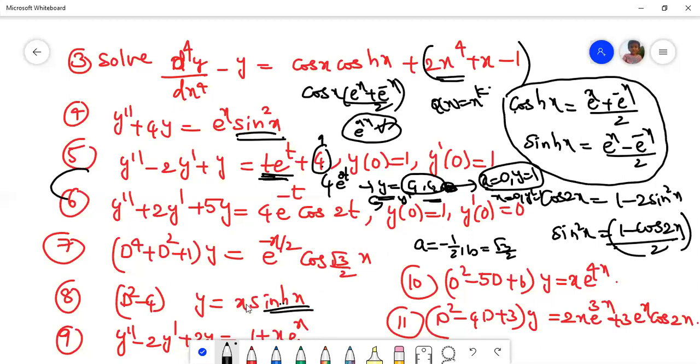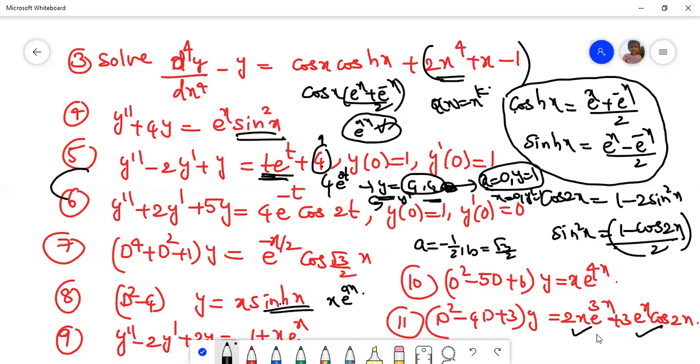Then the two functions you get on the right side are in the form of x e^ax. The ninth one is also, one is a constant, another one is x e^ax form. The 10th is also x e^ax form. Just like in the 11th problem, I did x e^ax form and also e^ax cos bx form. So these are all related to these two rule expressions only.